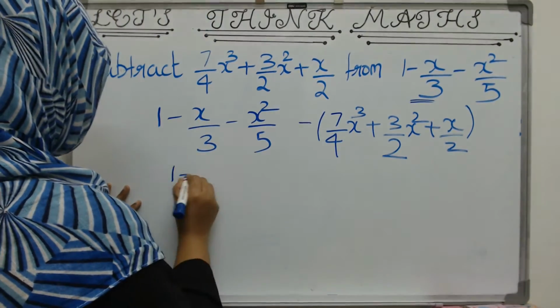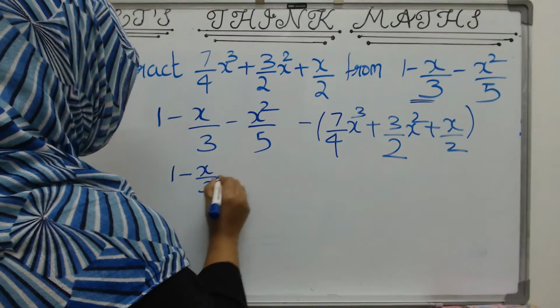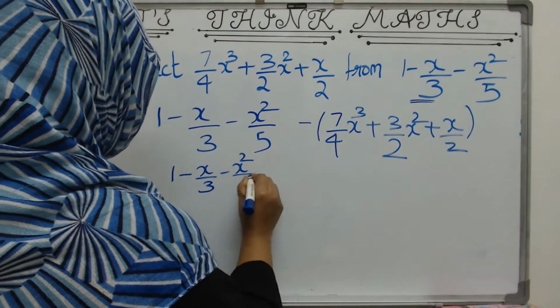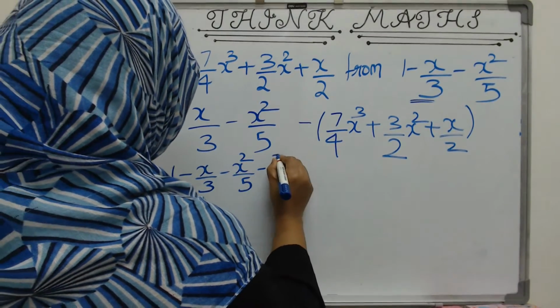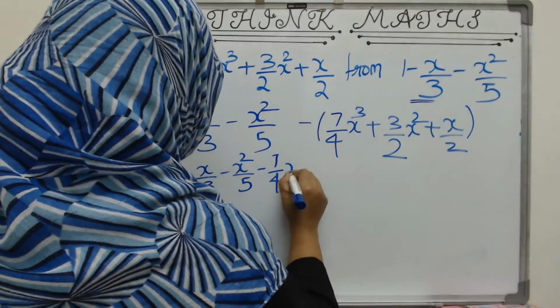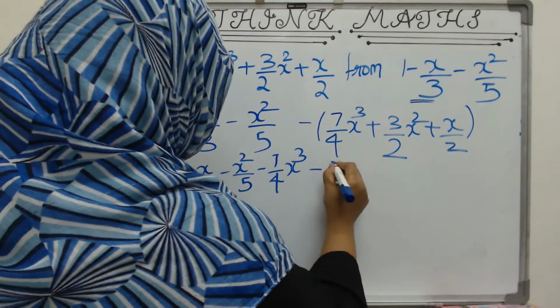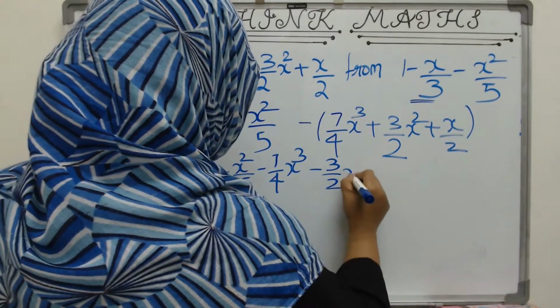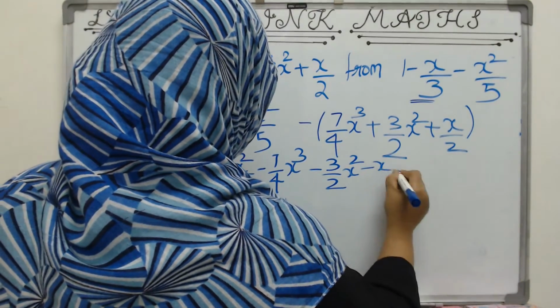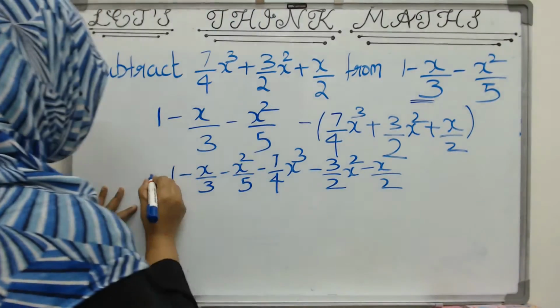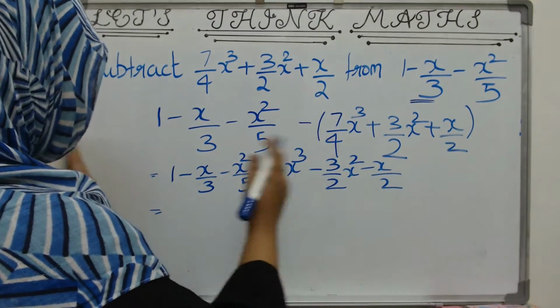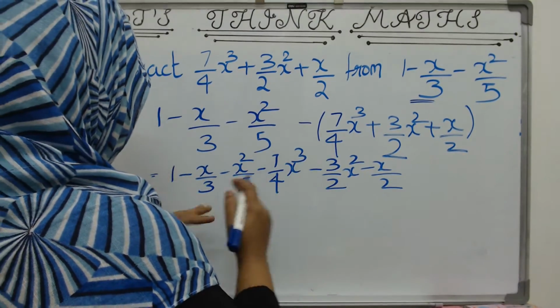So no problem with the first one, that will remain as it is. But the second one will have all its signs changed. The minus goes to this, the minus goes to this, and the minus goes to this. Next, you gather all the like terms together.